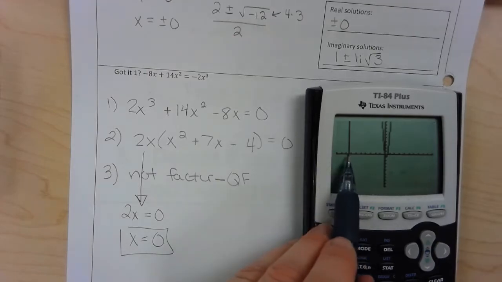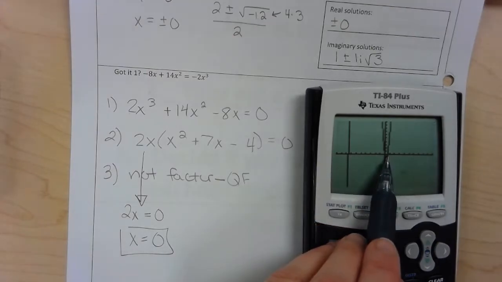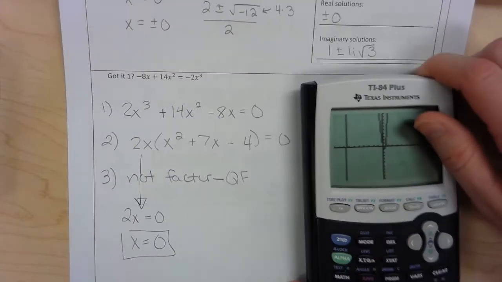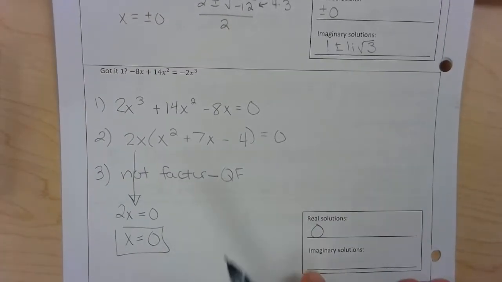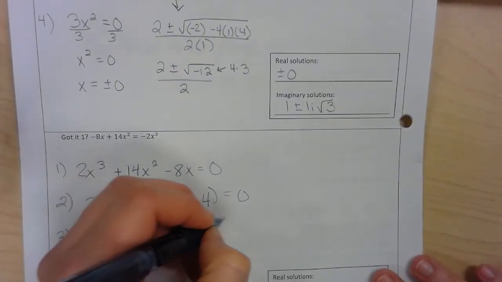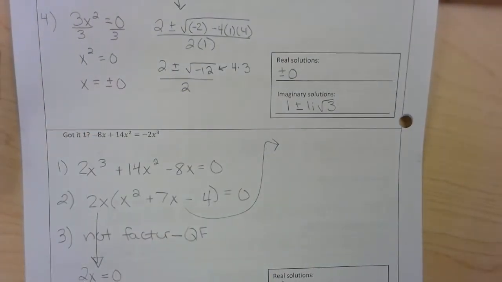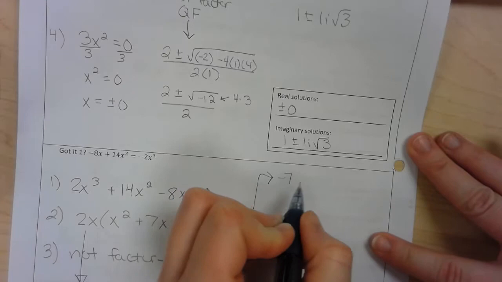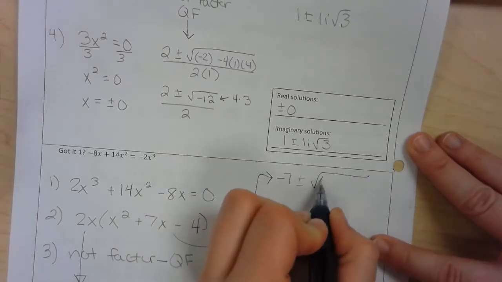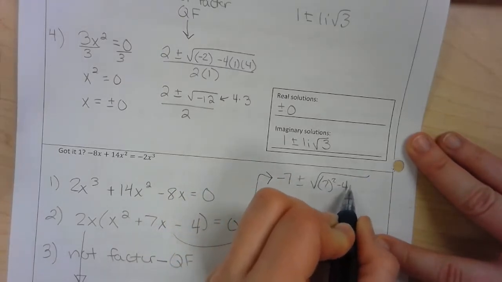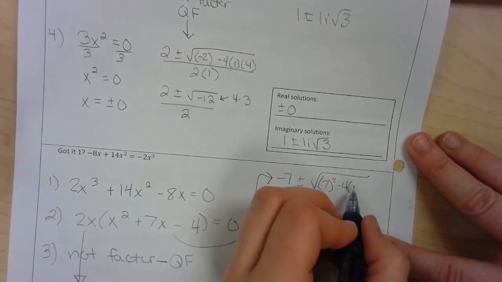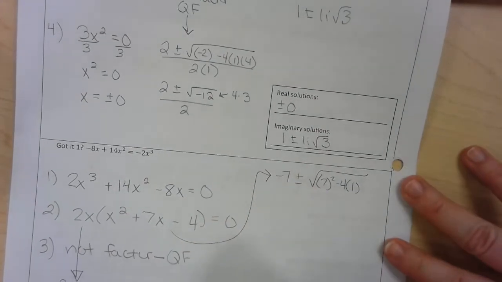It looks like it's going to cross over here as well. So it's going to cross here at 0 and somewhere else. So I do have my 0 solution. To find the other solutions, I need to do the quadratic formula. So I'm going to do negative b plus or minus square root of b squared minus 4. A is 1 since we took the GCF out.